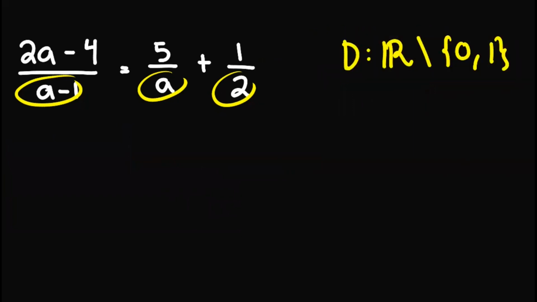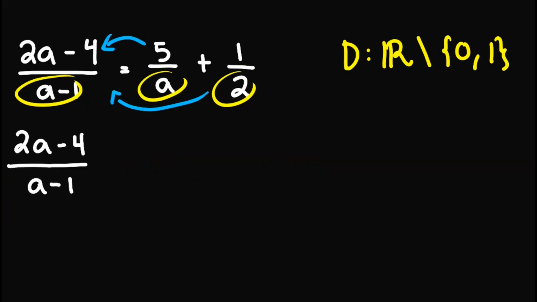And so the first step again is to move everything to the left side. So we've got 2a minus 4 over a minus 1 minus 5 over a, oops, this should be minus 1/2, equals 0.